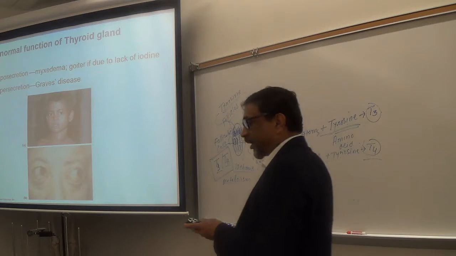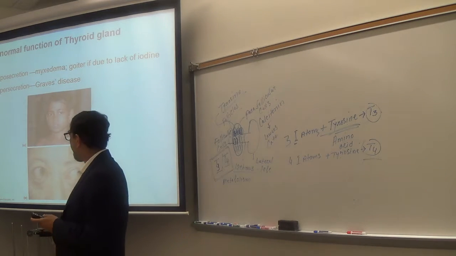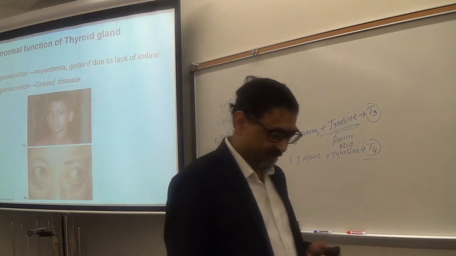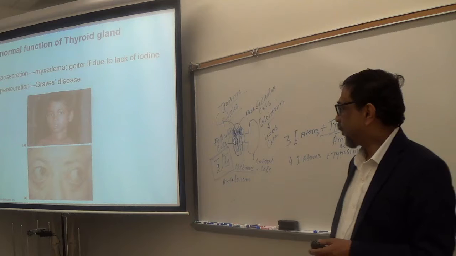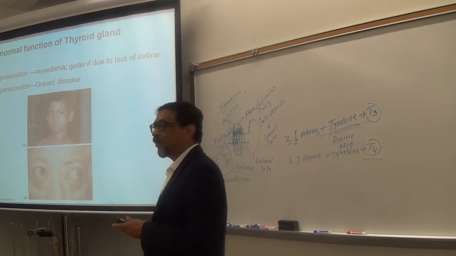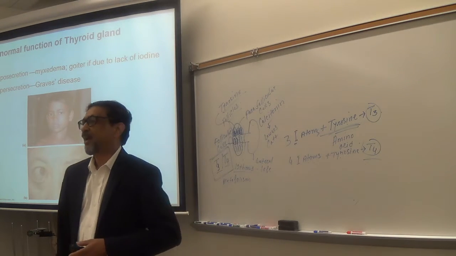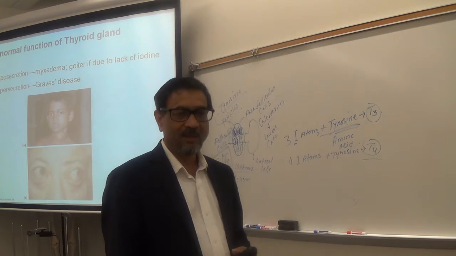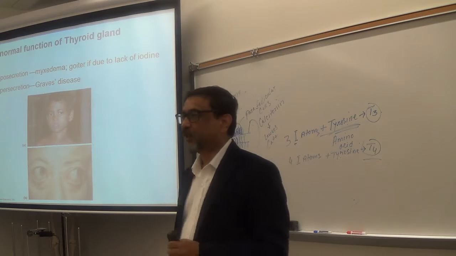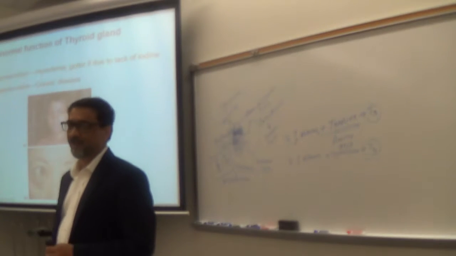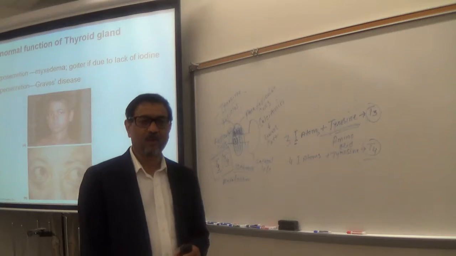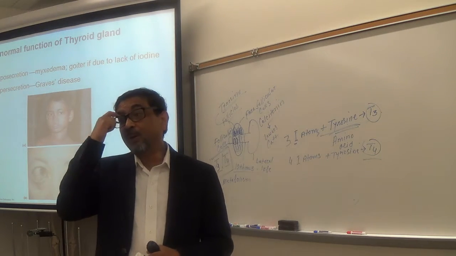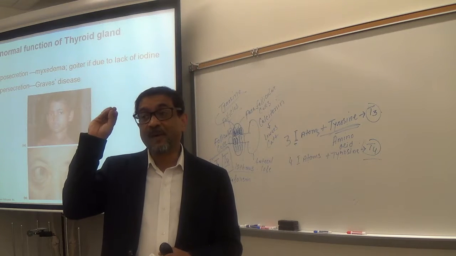Prolonged hypersecretion or hyperthyroidism can lead to Graves' disease, in which we see fat accumulate in abnormal locations in the body, where fat should not deposit or accumulate. For example, in the back of the eyeball, a lot of fat accumulates.